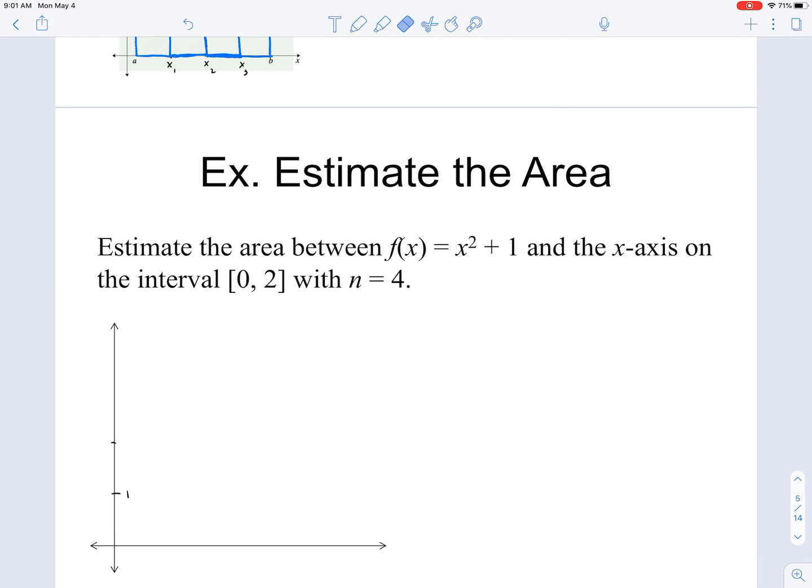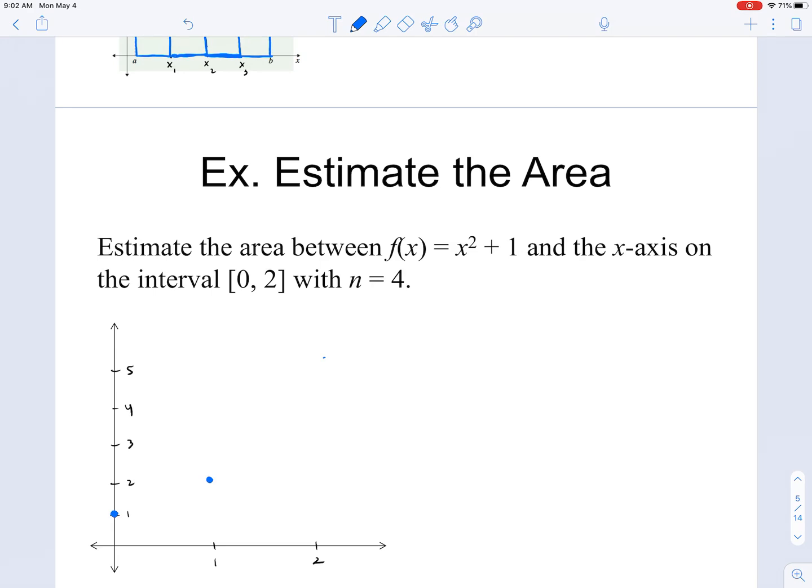So let's go ahead and draw that curve. So from 0 to 2, this is x squared, so the parabola shifted up 1 unit.